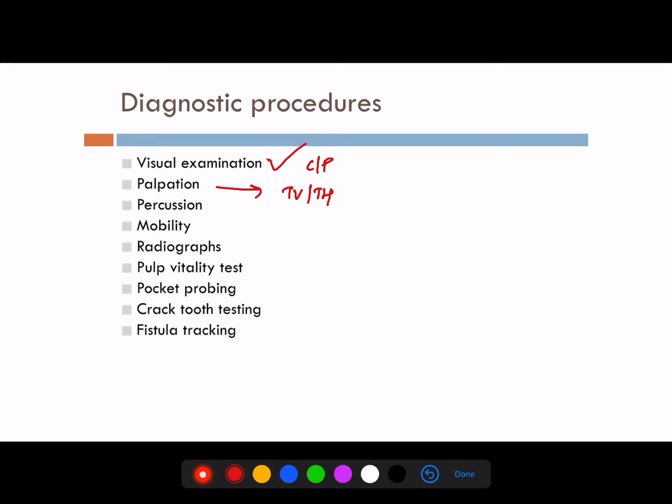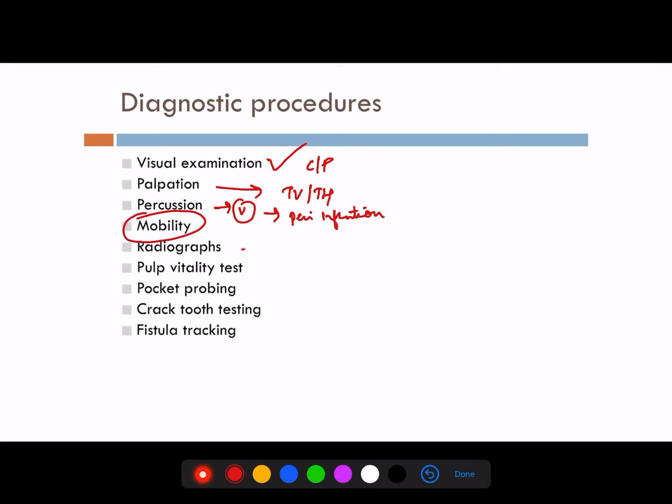Your palpation will give some idea about the inflammation areas. Vertical percussion is going to help in checking the periapical inflammation. Your mobility will help in testing the periodontium.